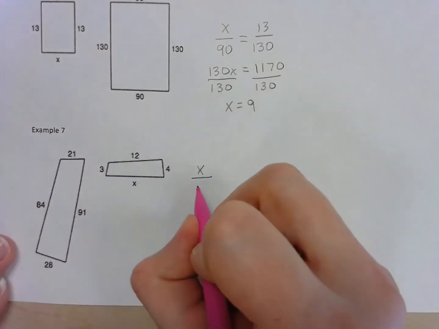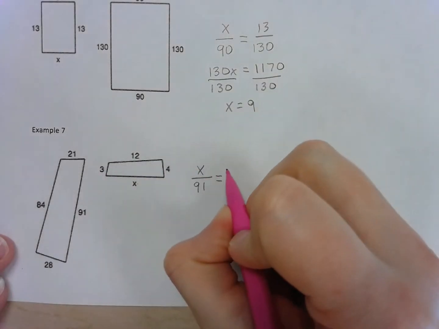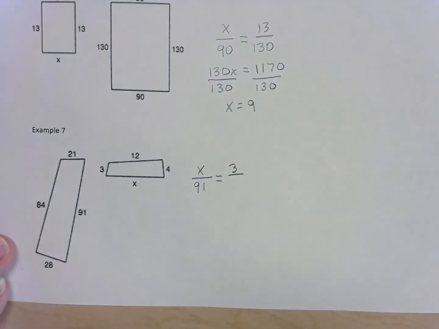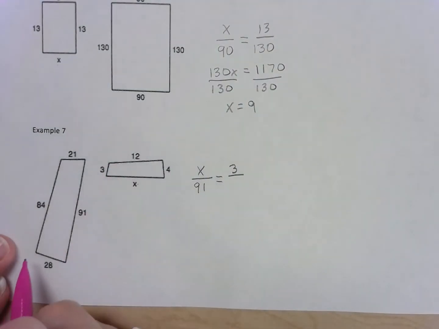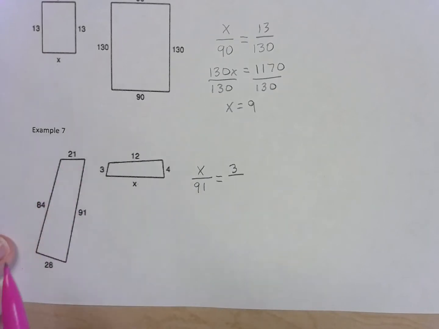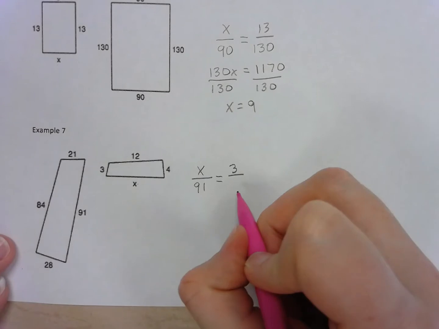So x corresponds to 91, and then pick any of those numbers in that figure, the 3, 12, or 4, whichever is your favorite to work with. I'm going to go with the 3 because it's the smallest number. And the 3, again, we already talked about, is the shortest side, so we're going to find the number that it corresponds to, which it makes sense to correspond with the 21 because it is the shortest side.